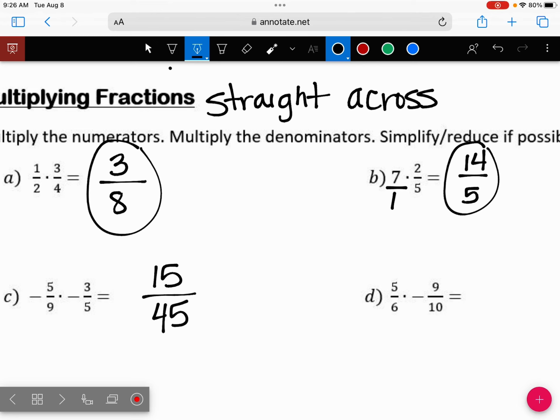If you look at your chart, looking in the 5s, notice that 15 and 45, no, actually go to the 15s, I'm sorry. Go to the 15s. Do you notice that 15 and 45 is in both of those columns? So that means that we can divide by 15. And my final answer is actually 1/3.